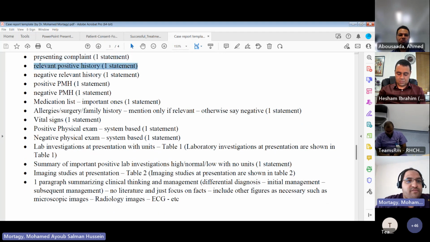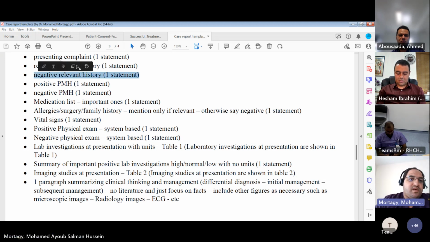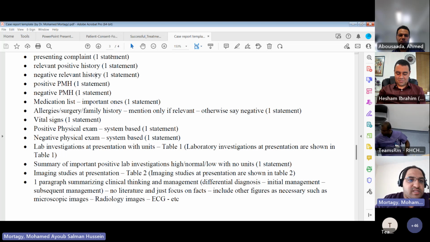One statement about positive history, like any symptoms that are related to the main complaint or the disease, such as shortness of breath or hematuria. And any negative relevant history: the negative symptoms that are not there, that are important to know about this patient.